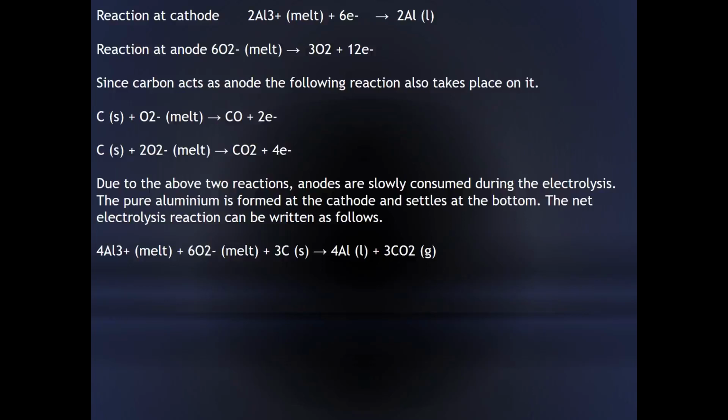Since carbon is acting as the anode, the following reactions take place: carbon plus O2 gives carbon monoxide, and carbon plus 2O2 gives CO2, that is carbon dioxide. Due to these reactions, anodes are slowly consumed during the electrolysis. The pure aluminium is formed at the cathode and settles at the bottom.